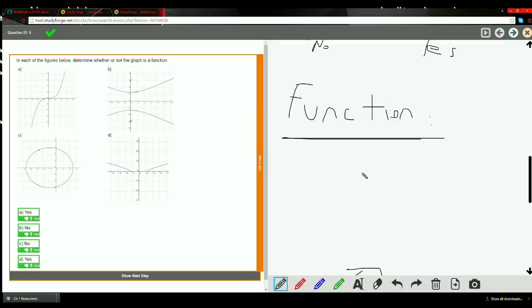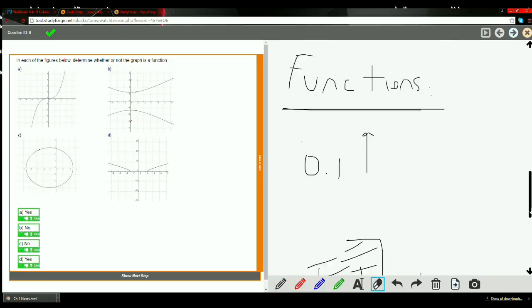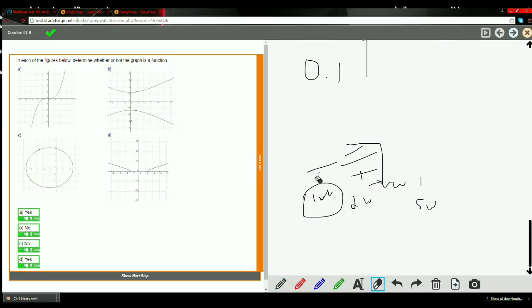So basically, we have the foundation of a function. Let me just call this 0.1. That's functions, the definition of a function. Let me just give you a rough summary really fast.